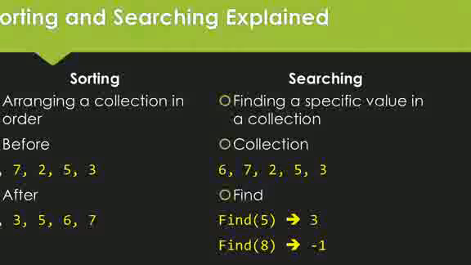As you can imagine, sorting and searching are quite common when you're programming with collections, especially when you're solving problems that use business data, that is, data that you're going to present to the user. When we think about how we use any kind of business data, usually we want to organize it in a certain way.